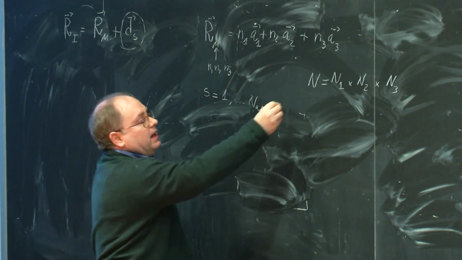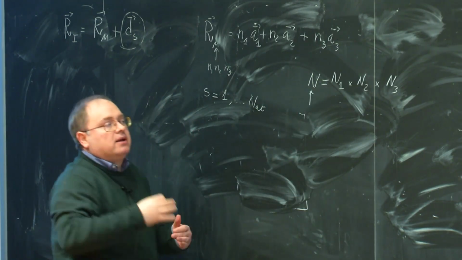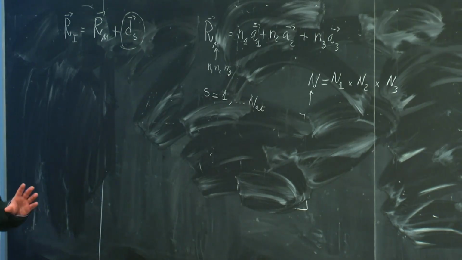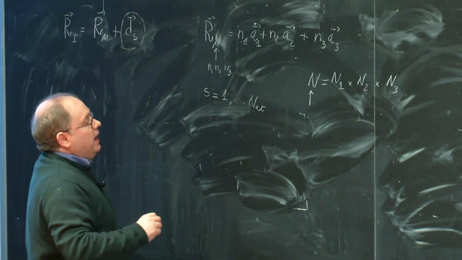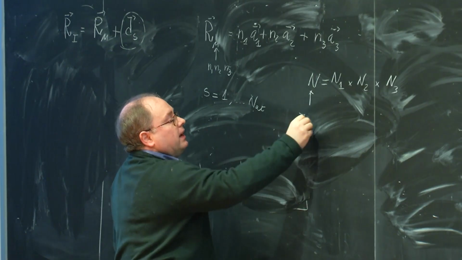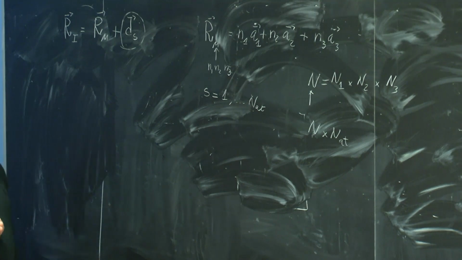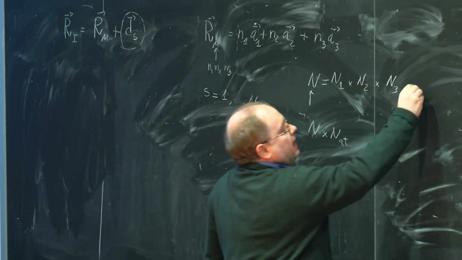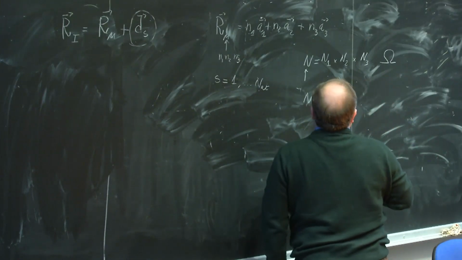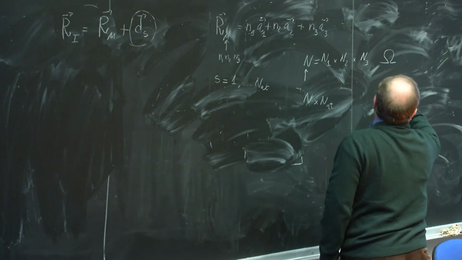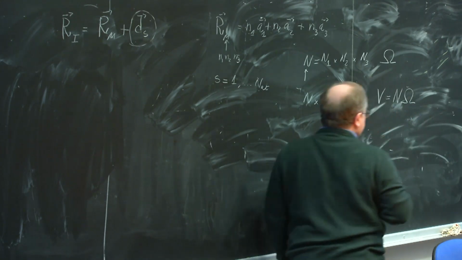Obviously, we can think of the limit where N goes to infinity, but it is useful to focus on a given N, because in this way we have a well-defined number of degrees of freedom, and we are focusing on N times n atoms in all the solid. Let's say that we call omega the volume of one unit cell, and V the total volume of the solid, that is N times omega.